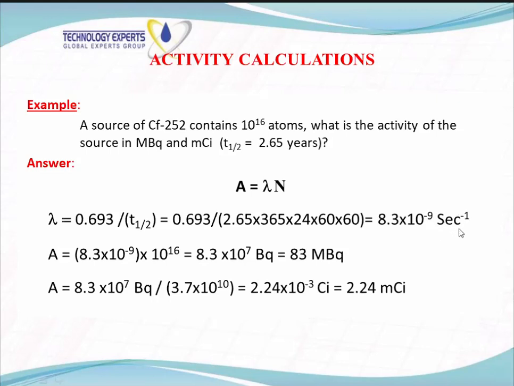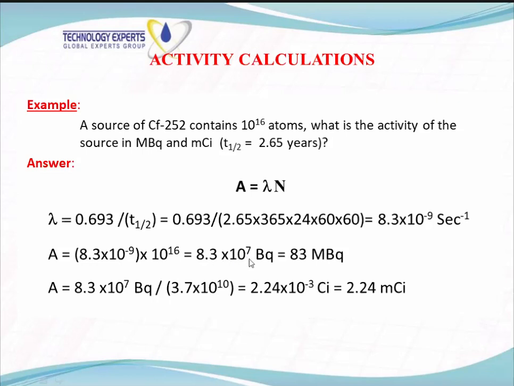This is 1 over second. I have lambda now, and I have the number of atoms. Let's multiply lambda by the number of atoms. This is lambda in 1 over second, of course, and this is the number of atoms. And this is 8.3 times 10 to the power 7 decays per second.